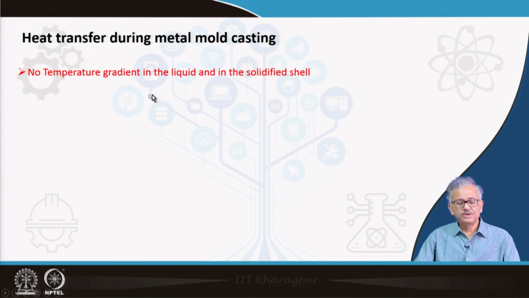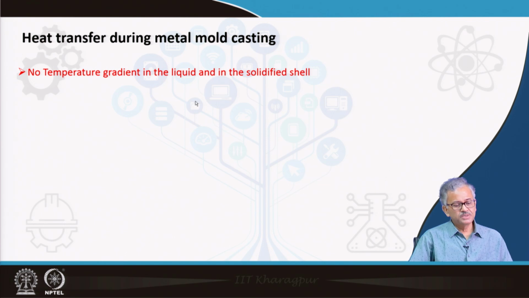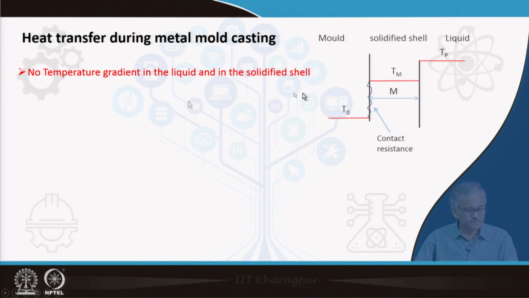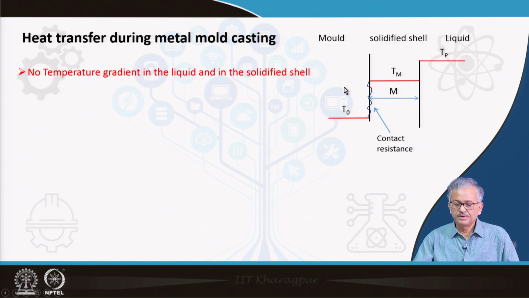So, first we will develop a very simplified model of metal mold casting, assuming there is no temperature gradient in the liquid as well as the solidified shell, a very simple heat transfer. So, this is the mold, and it is a water cooled mold, and the mold temperature is constant at T0.